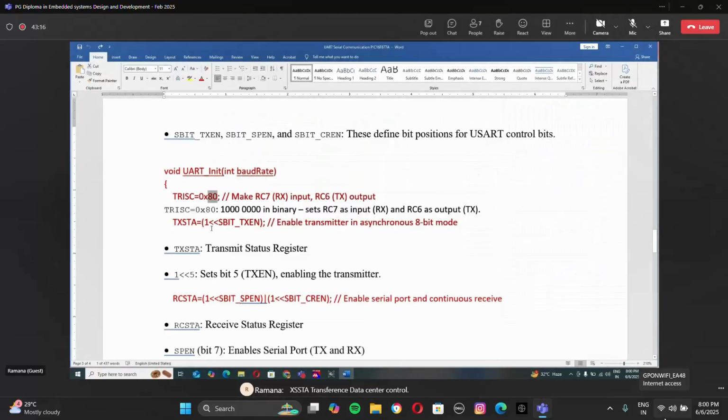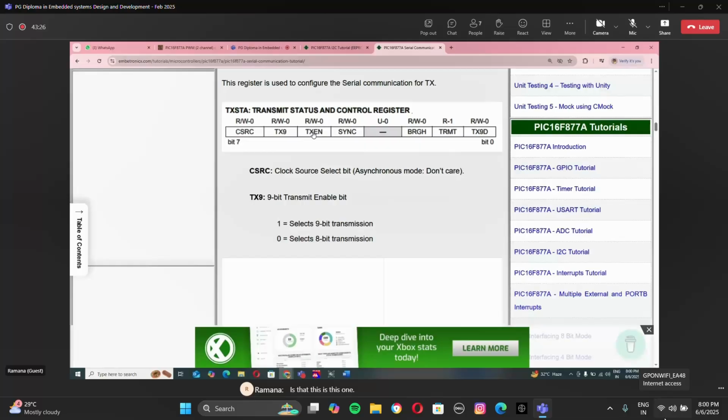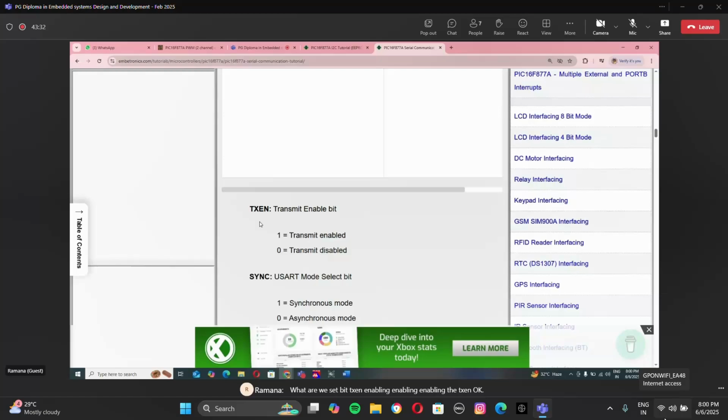What are we doing? Set bit TXEN, enabling TXEN. If we set this bit, transmit is enabled.